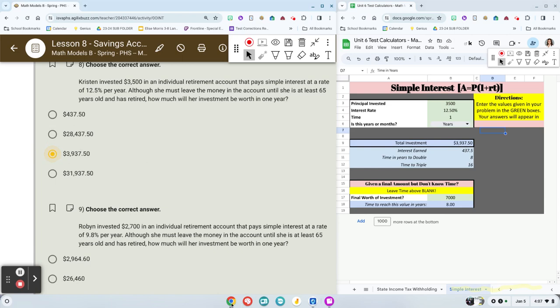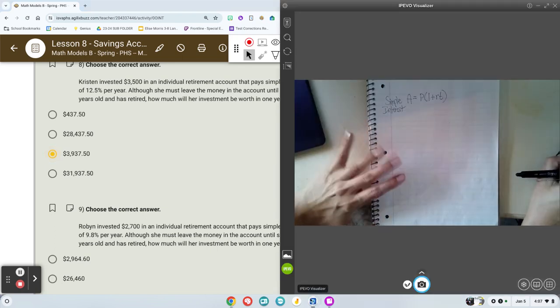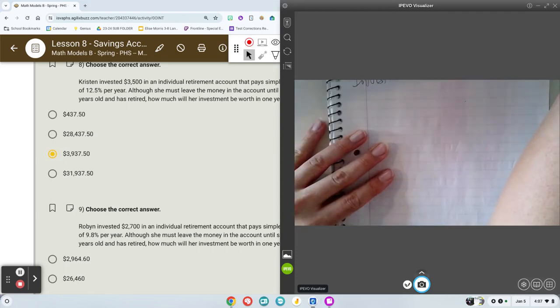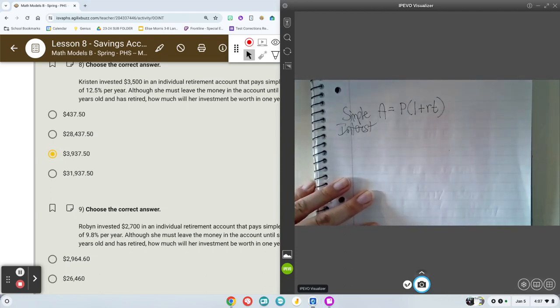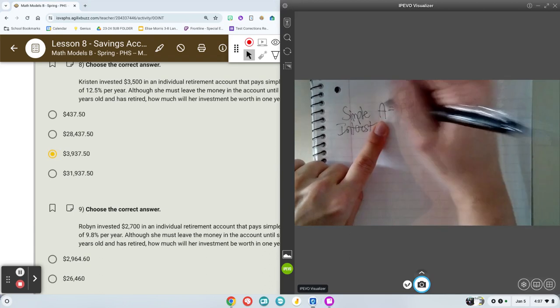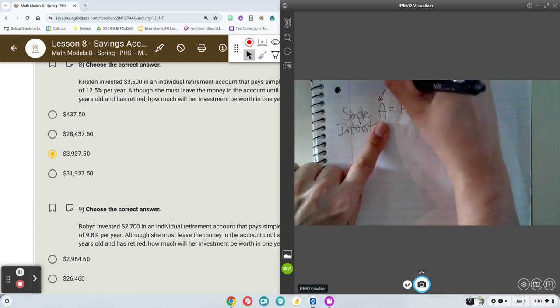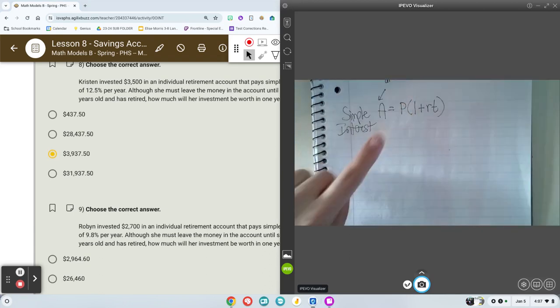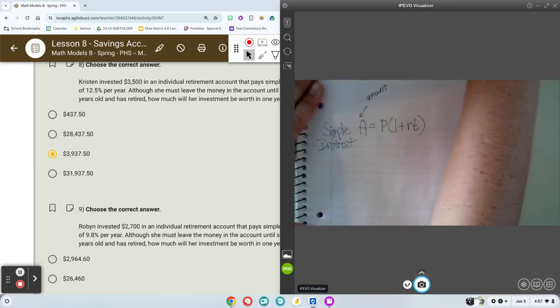All right, now I'm going to go ahead and show you the formula. So grab some paper because you're going to want to write down this simple interest formula. Okay, so the A represents the amount that it's worth.